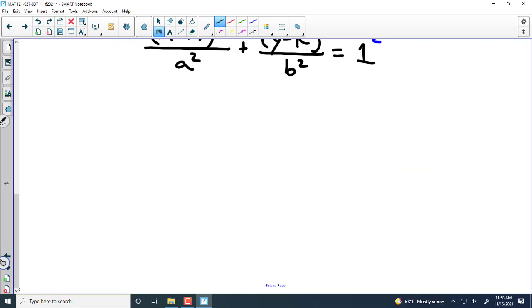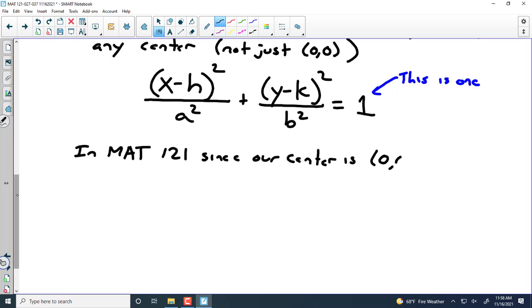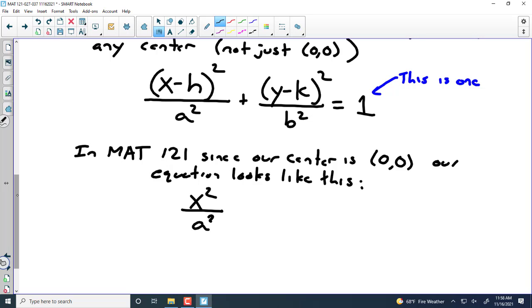But in Math 121, since our center is 0, 0, our equation looks like this. Which is a little better.